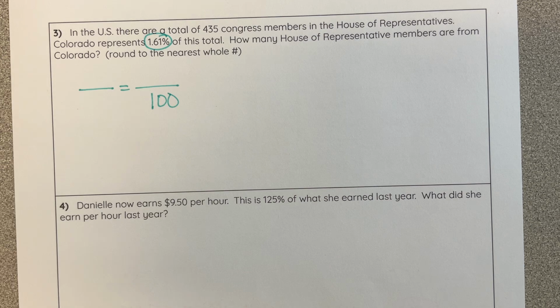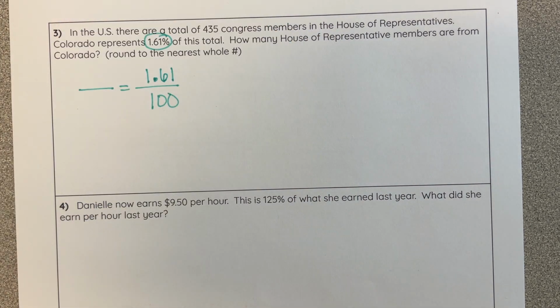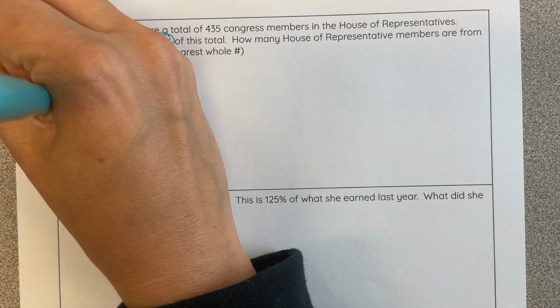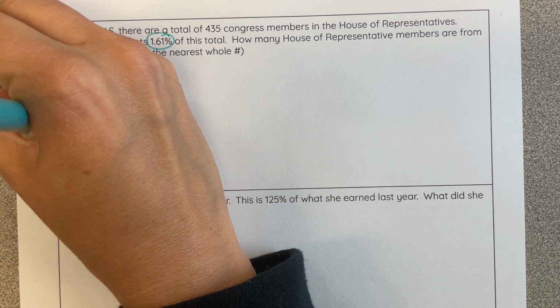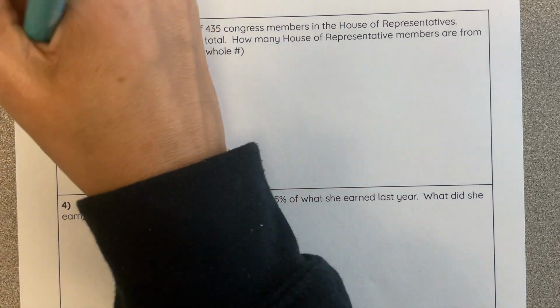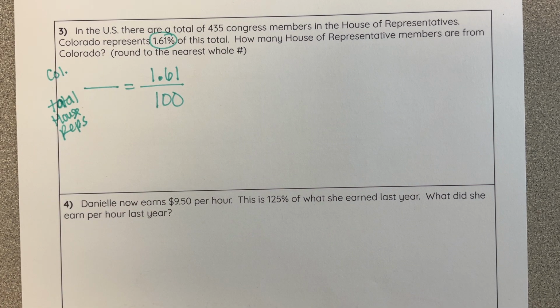I see my percent right here, 1.61. Now we got to think about, what are we comparing? Well, we're comparing the total House reps, and the part is Colorado, because they're not all of the representatives, they're just some of them.